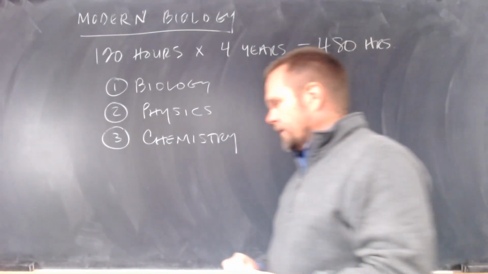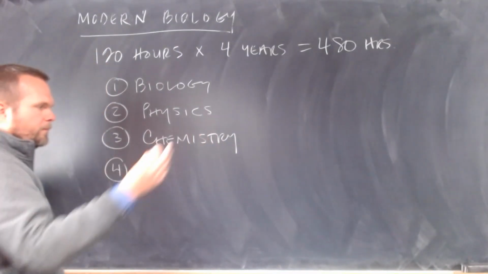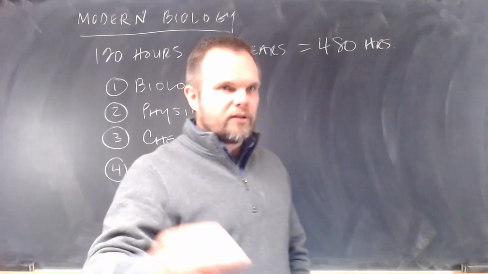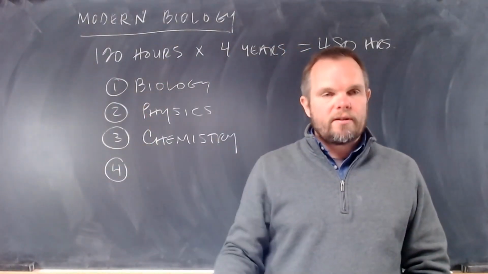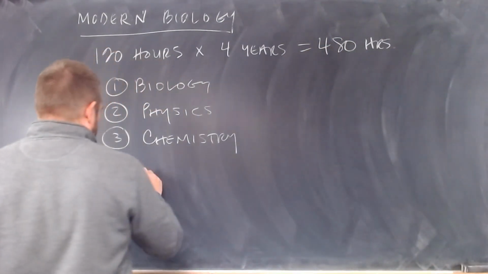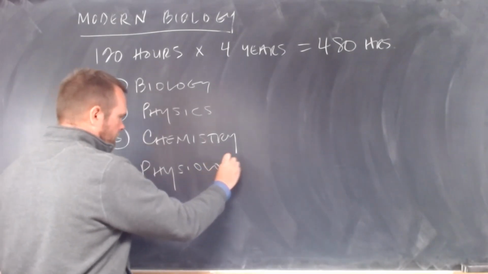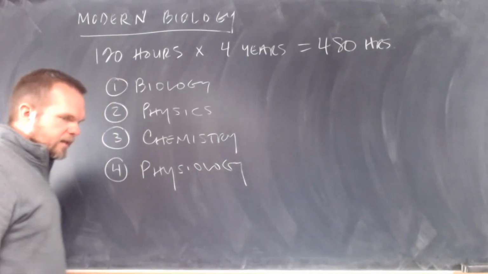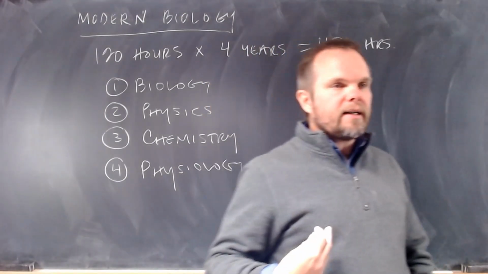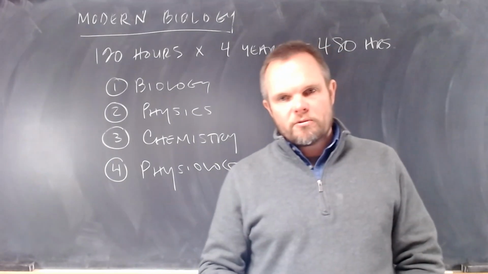Those are the 3 basic science courses covered in high school. And then in a 4th year, you can pretty much study anything you want. Some kids go on to study advanced biology, advanced physics, advanced chemistry. But in the Classical Liberal Arts Academy, what we recommend is the study of physiology. Physiology, especially human physiology, is the study of our body, all of the parts of our bodies, and the functions of those parts.